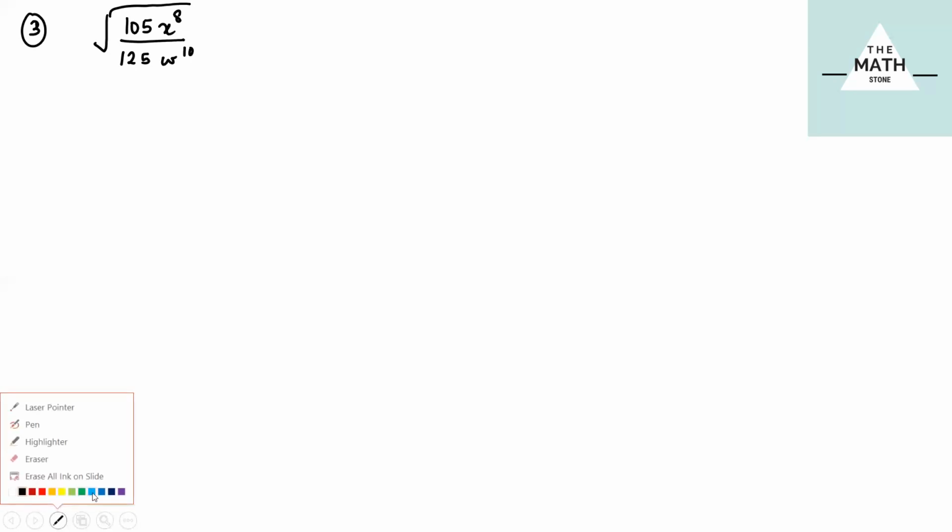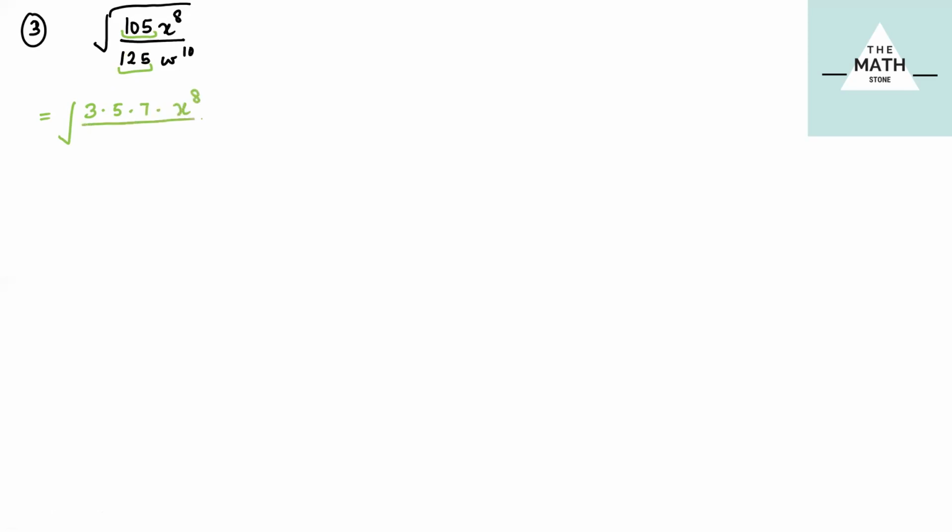The steps will always remain the same. So you'll find the prime factorization of the numerical part. 105 can be written as 15 times 7, and 15 can be written as 3 times 5. So 3 times 5 times 7 times x raised to 8 over, and 125 is nothing but 5 times 5 times 5.